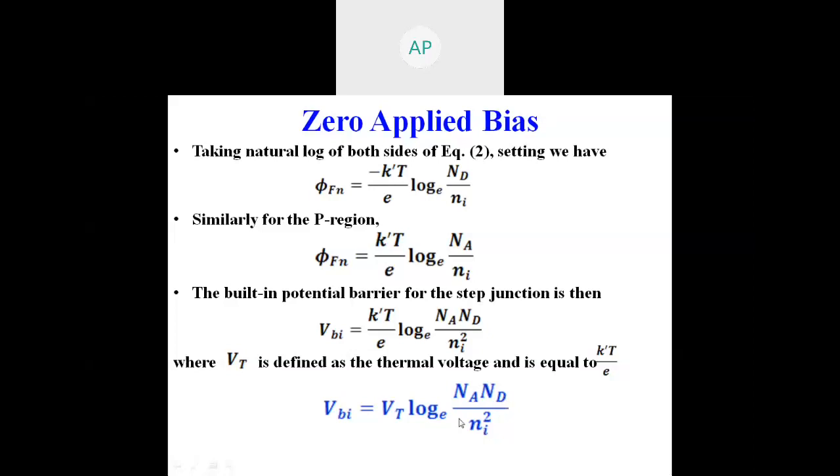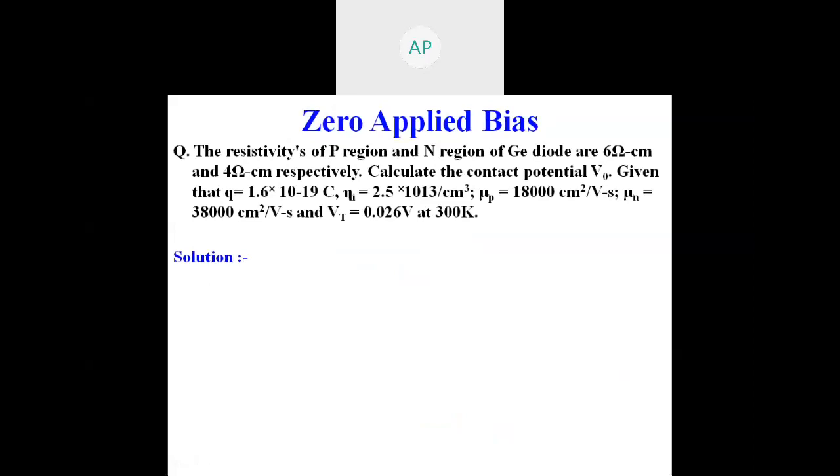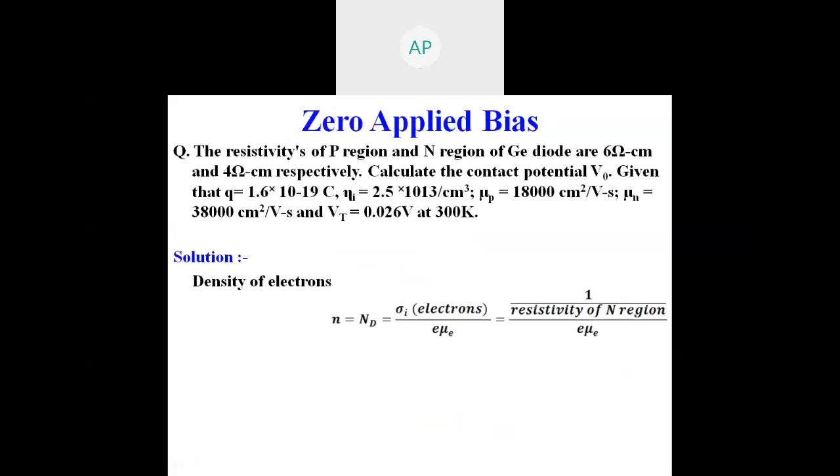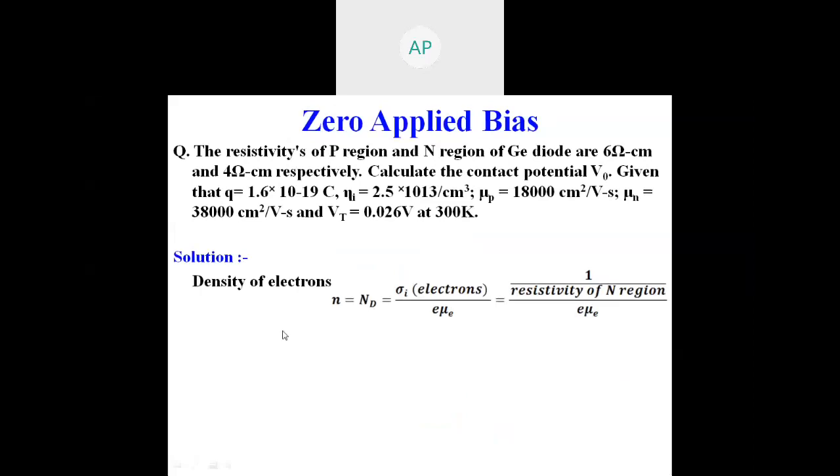Firstly, we will find the values of the donor and acceptor concentrations. So firstly we want to find the density of electrons and the density of holes. The density of holes is represented as Na, and the density of electrons is represented as Nd.